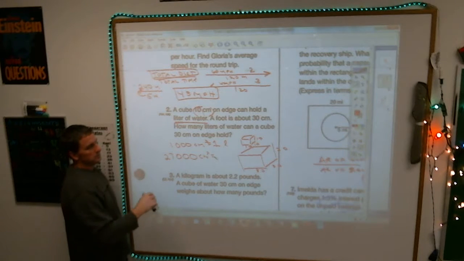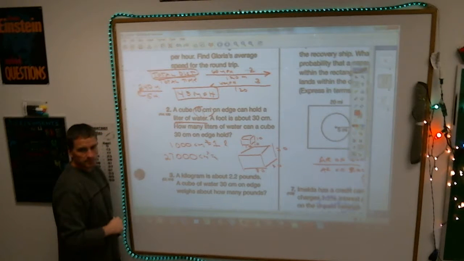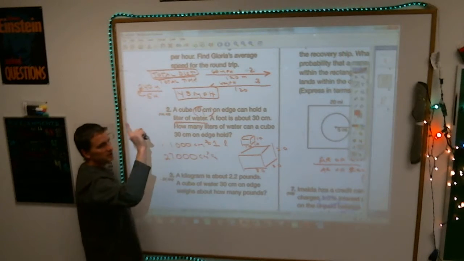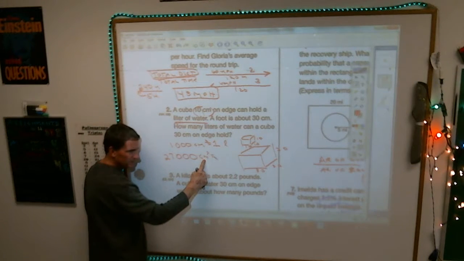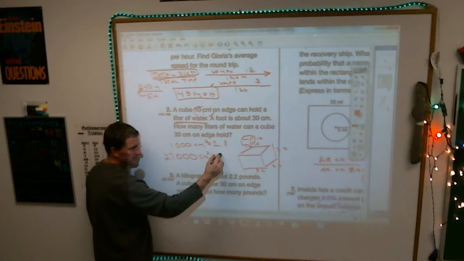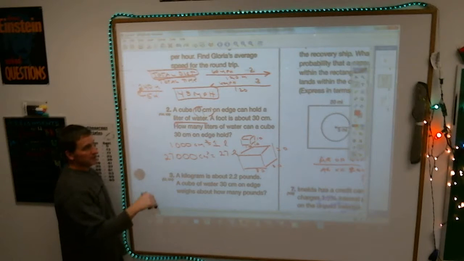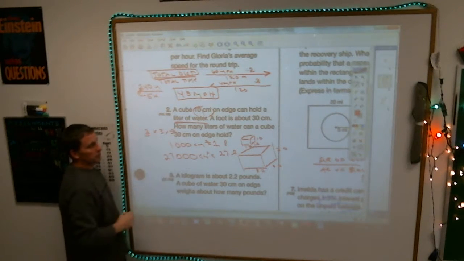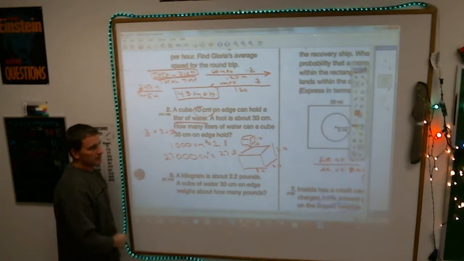So if 1,000 centimeters cubed is 1 liter, 27,000 centimeters cubed would be how many liters? 27. And again, think about what the scale factor was. 3. Cube it, and you've got how many times bigger it is. It was 1 liter, 27 times bigger is 27 liters.